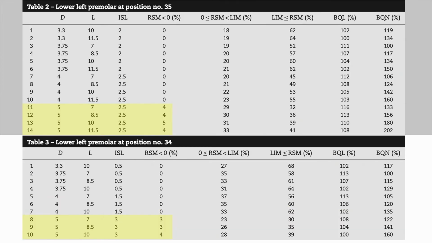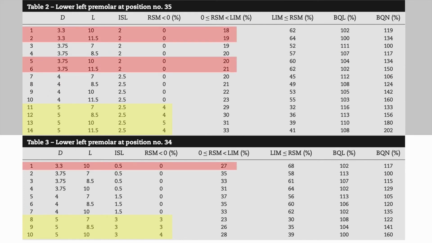For the lower left premolar at 35 and 34, the available mesial distal space was found narrow for the 5 mm implants with 3 to 4% negative RSM, and these implants were consequently rejected.